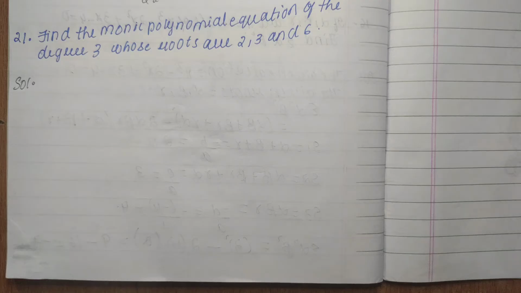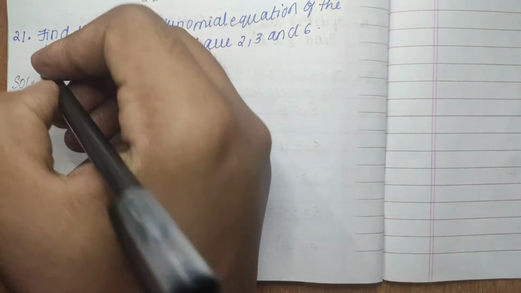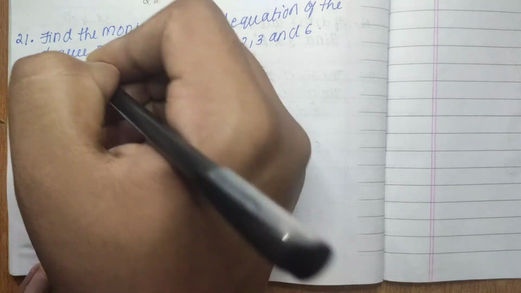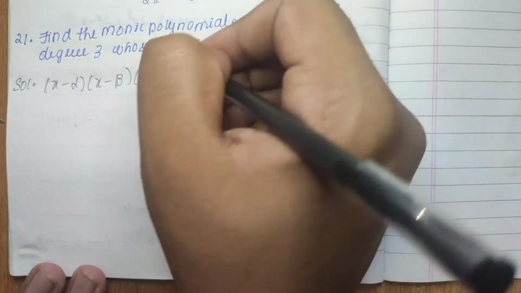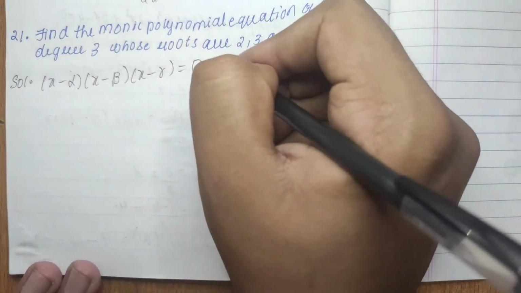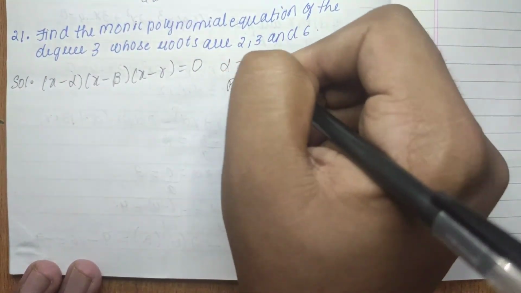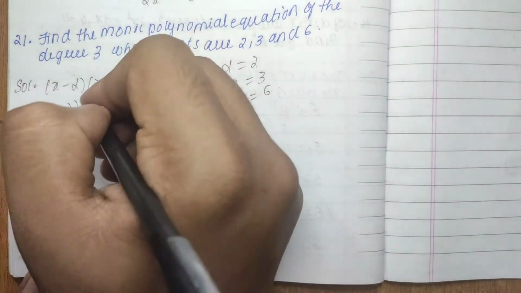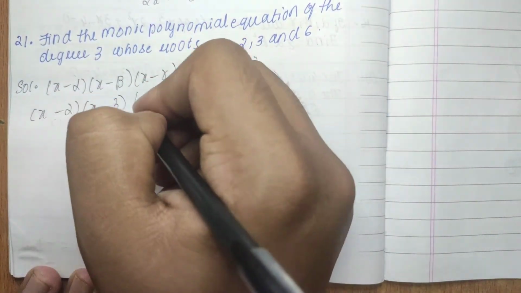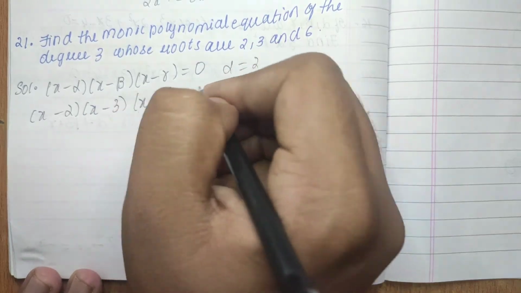That's it. So coming to the next question, it is given that find the monic polynomial equation of degree 3 whose roots are 2, 3 and 6. The formula is (x minus alpha) into (x minus beta) into (x minus gamma) equals 0. Alpha is 2, beta is 3, gamma is 6. Substitute: (x minus 2) into (x minus 3) into (x minus 6) equals 0.